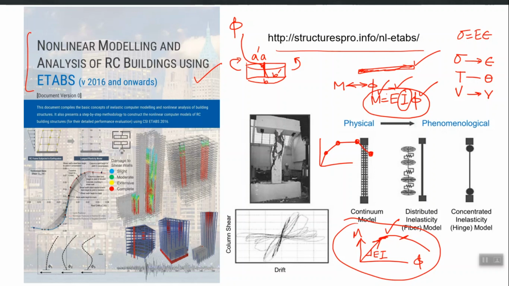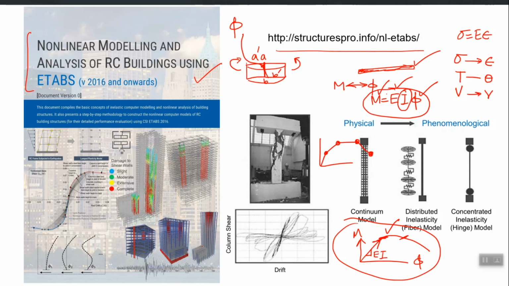But on the other extreme we have what we call the concentrated plasticity approach or lumped plasticity approach, and in that approach, instead of making the material nonlinear, we directly go to the cross section or member level, a higher level, and directly make a member nonlinear using a moment versus rotation curve or moment versus curvature curve.